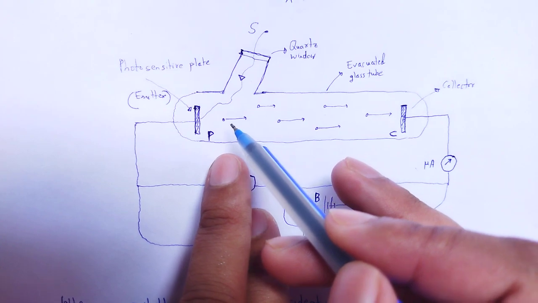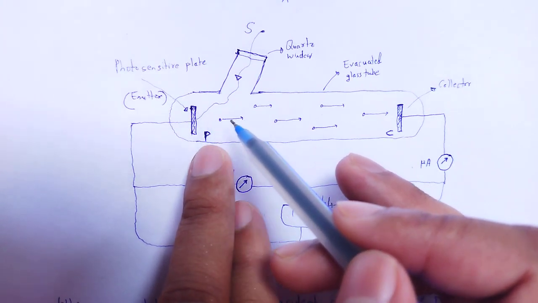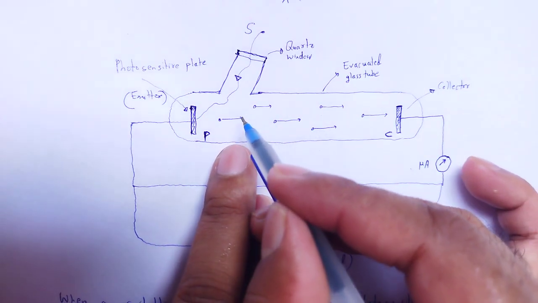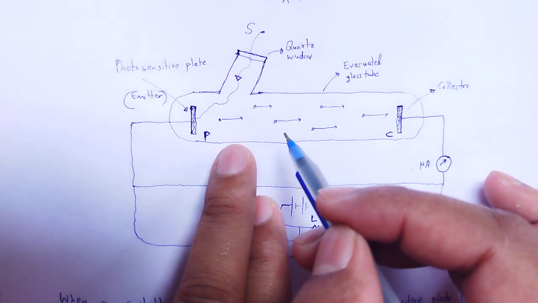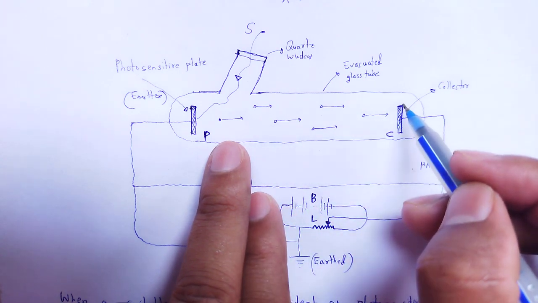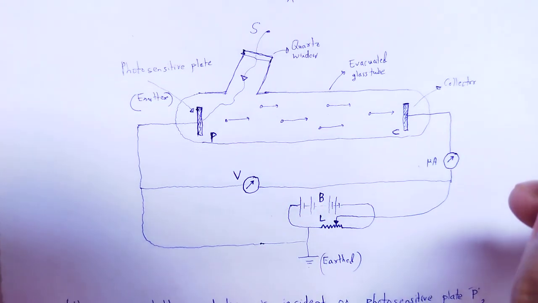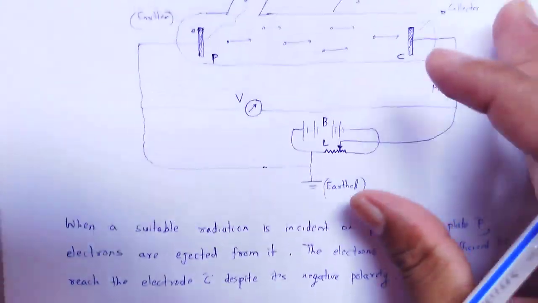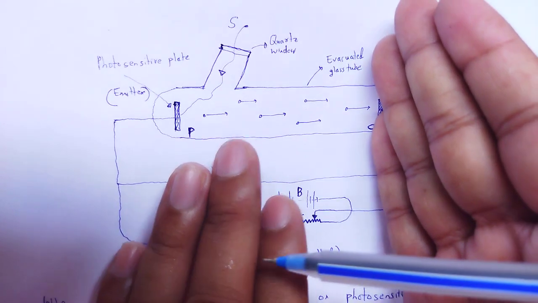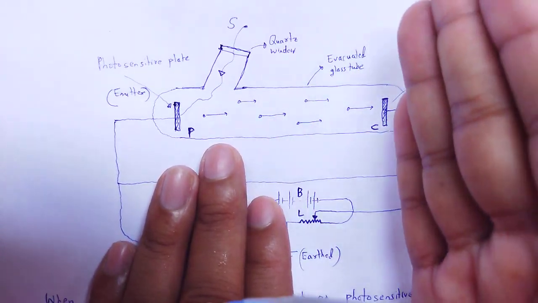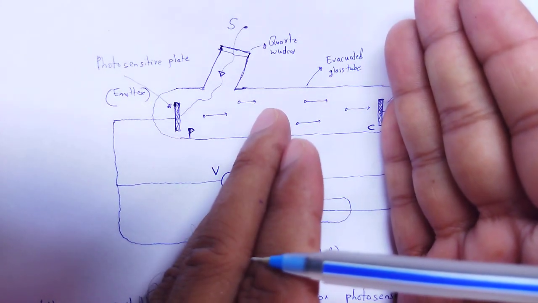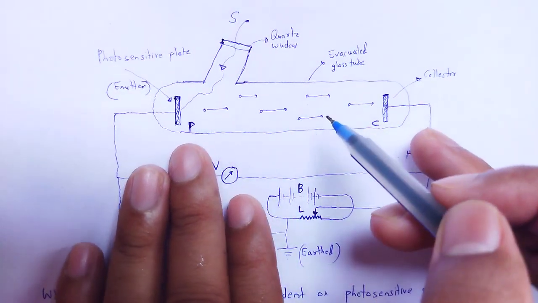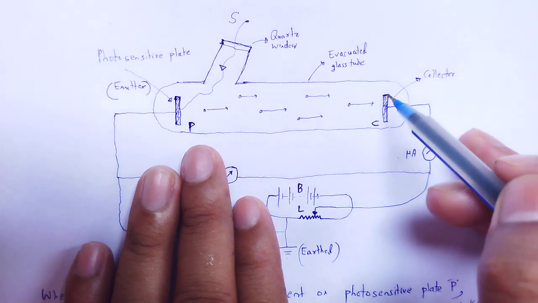The electrons ejected from plate P are collected at collector C. The electrons which have maximum velocity first reach the collector. Despite its negative polarity, since the electron is negatively charged, the electron is repelled by the collector, but some of the electrons pass through to the collector.